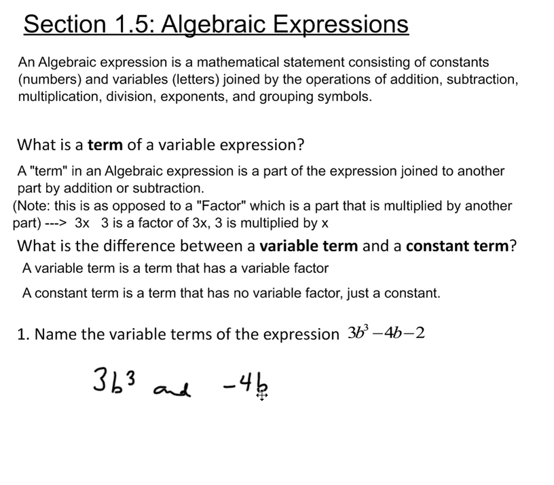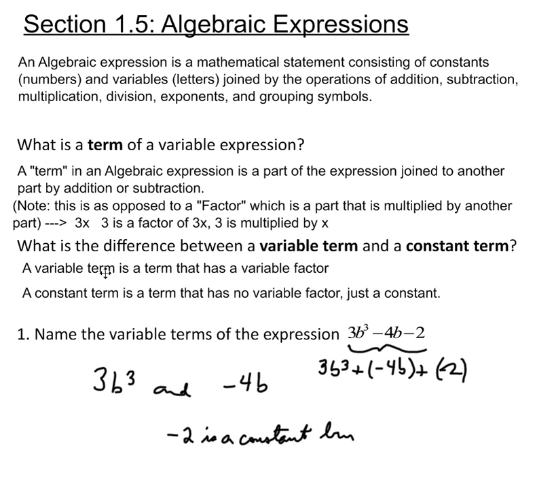So this was negative 4 times b. The reason I think about it that way is because when I rewrite this expression, it's very often helpful for me to write 3b cubed plus negative 4b plus negative 2. And note, by the way, that negative 2 is a constant term. There's no variable attached.